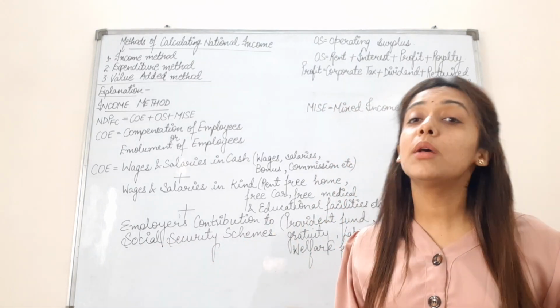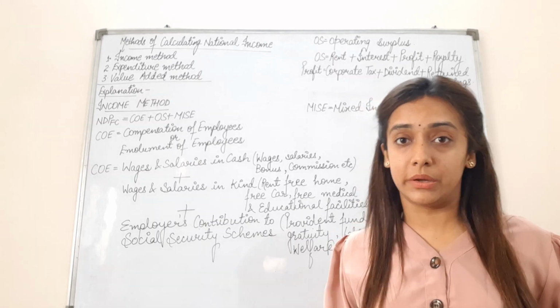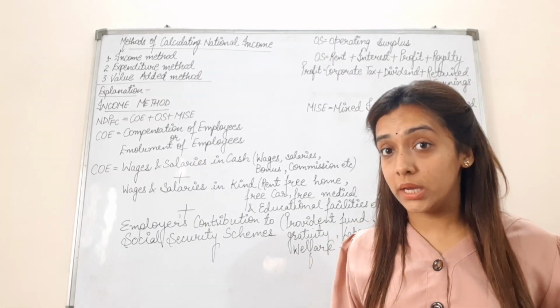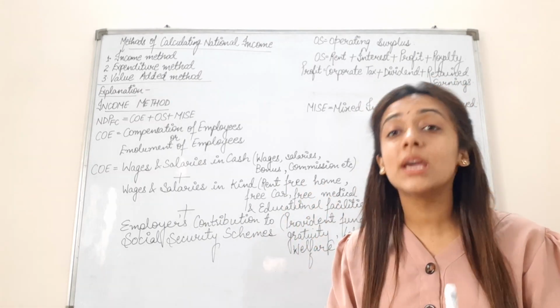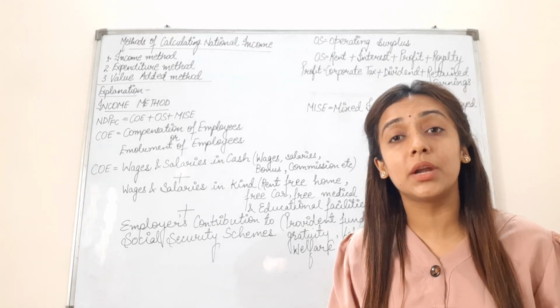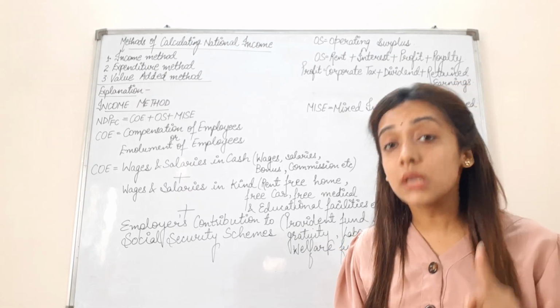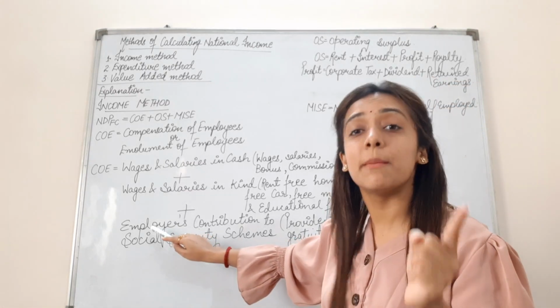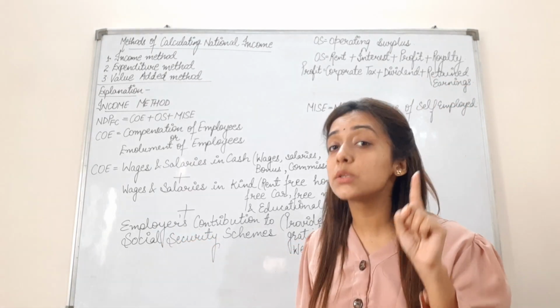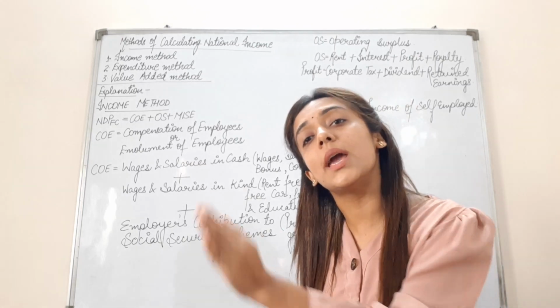It will be included only of the employer, not of the employee, because the employee's contribution is his personal expenditure. We take the employer's contribution because the employer is providing the social security to the employee.